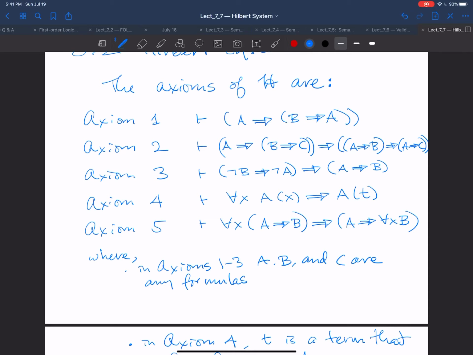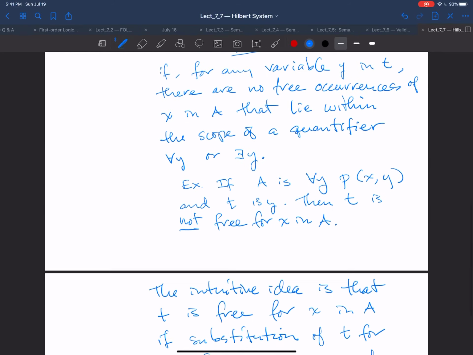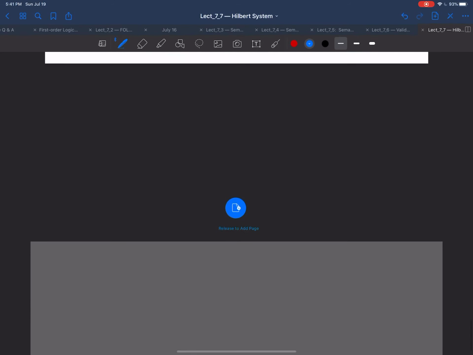Now, what are the inference rules? As I said before, we'll still have modus ponens as an inference rule, but we'll also have another that relates to quantification.